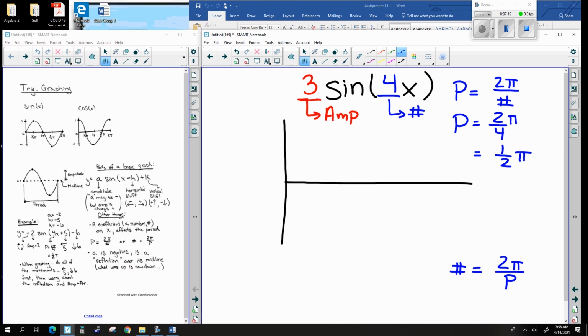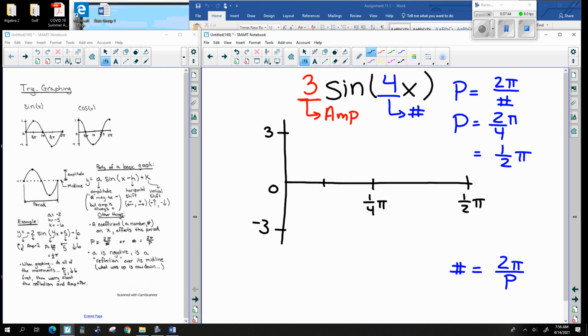So what does that mean? What I know right now is that the grand height is going to be 3. That means its grand depth is going to be -3. And this picture is going to complete itself at 1/2 pi. So halfway would be 1/4 pi.